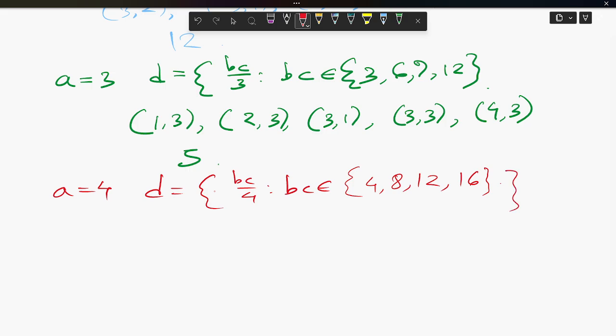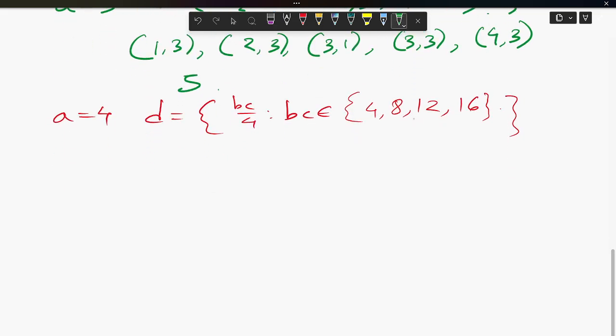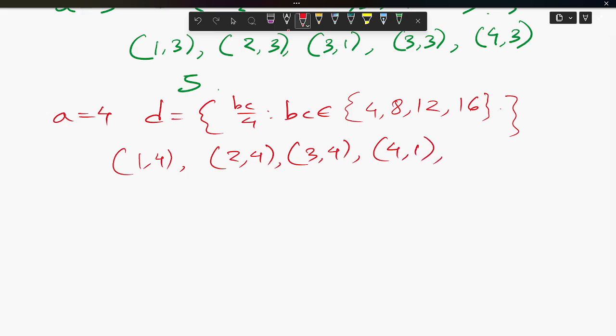So then what will happen? Then the valid choices will be, let me write with the red color, 1 comma 4, 2 comma 4, 3 comma 4, 4 comma 1, 4 comma 2, 4 comma 3, and lastly 4 comma 4. So total we will get now 7 cases.